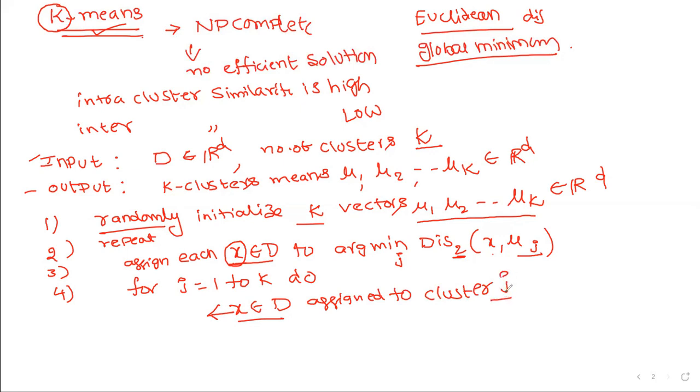What is Dj? D is the entire data set. The data set is divided into D1, D2, D3, and so on, Dk. That means we have k clusters. After calculation of the third step, we assign the instance x to cluster Dj.